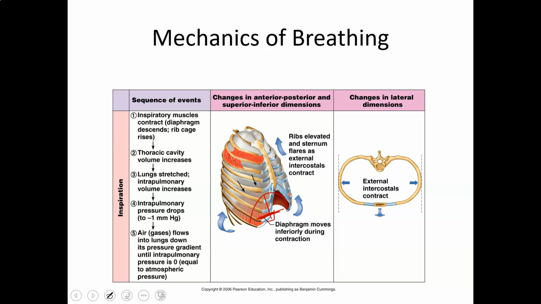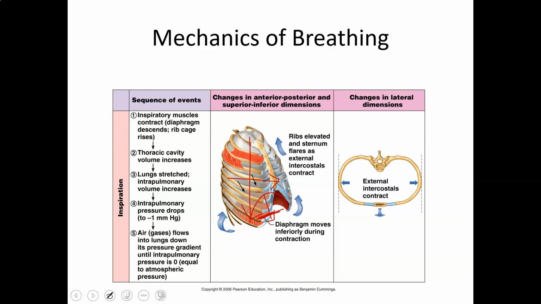So this does two things. It makes your chest deeper and it makes your chest taller. All of that increases the volume in your chest. And I don't know if you guys remember Boyle's Law from high school, but if you increase volume, you decrease pressure. So you create a negative pressure area when you contract those muscles, and as a result, you suck air in. So that's breathing in.